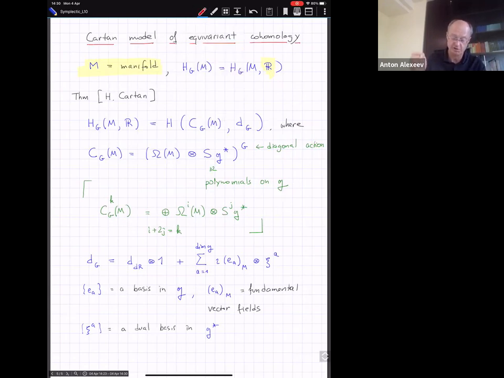Now maybe just a sanity check. What happens with the degrees? The de Rham differential adds +1 to the degree of forms, and identity is of degree 0. So the degree here is +1. The contraction subtracts 1 from the degree of forms, but each generator of g star has degree 2, we decided.